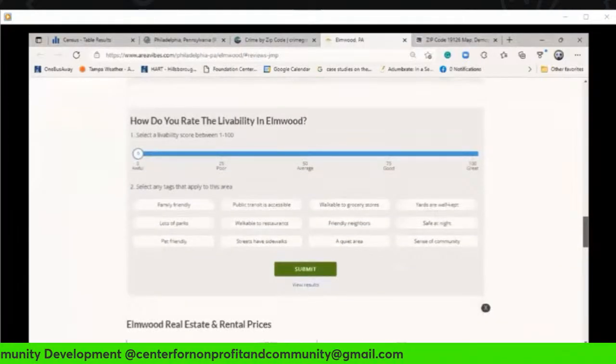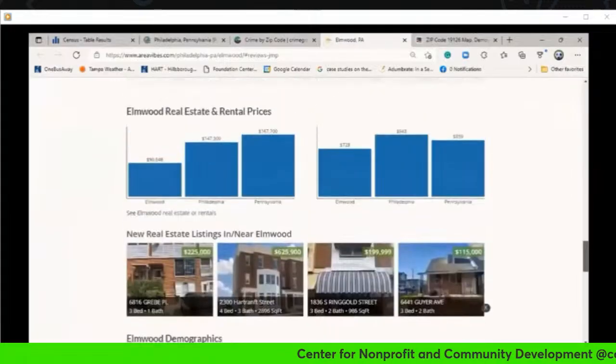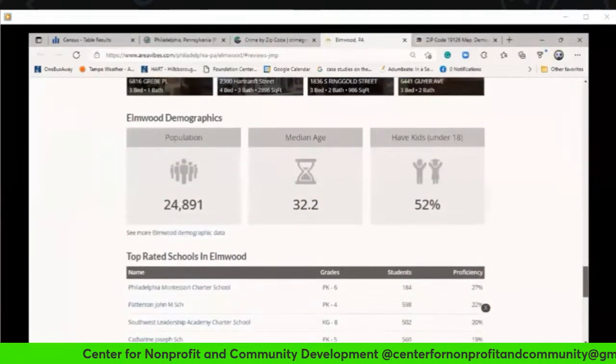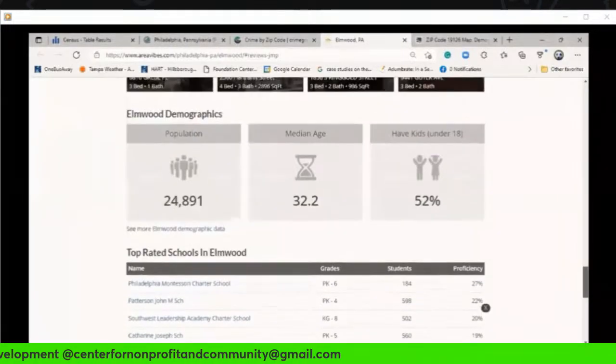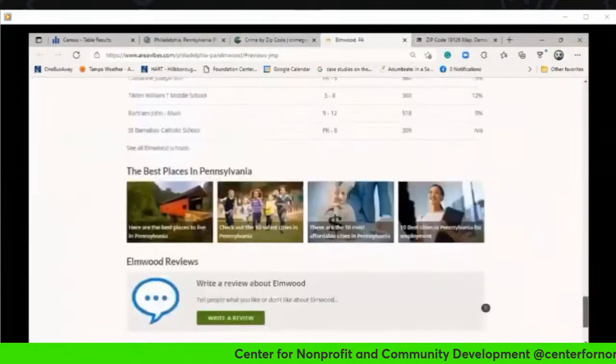Other information we can get from this particular site on this neighborhood is livability, real estate, and rent. We also can get information on the population, the median age, how many kids are under 18, what are the schools like?